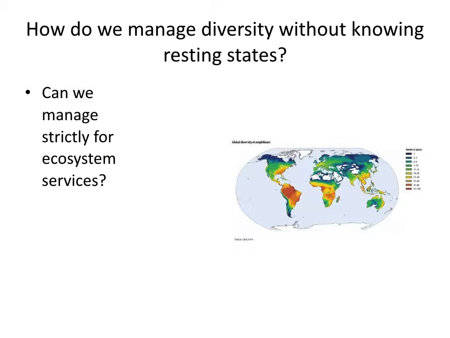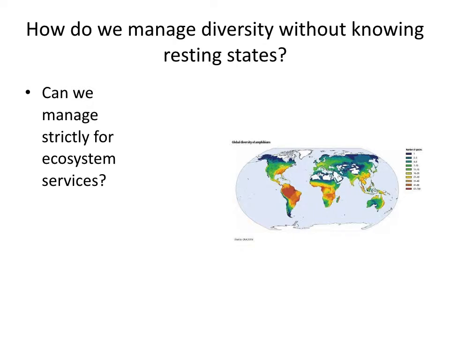So now that we've covered some of the basic elements of the contribution of biodiversity to ecosystem resilience and how that might be implemented in agricultural ecosystems and landscapes, I want to leave you with a question. How do we manage for diversity without knowing the ecosystem resting states? Now, there's literature that's beginning to suggest that we can strictly manage for ecosystem services.